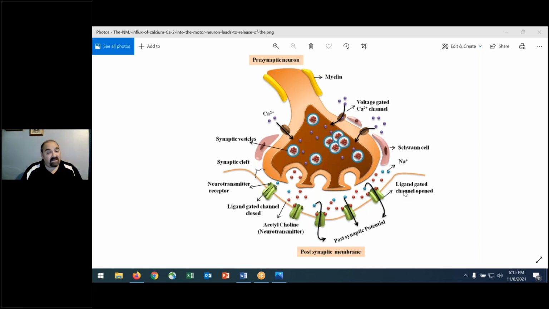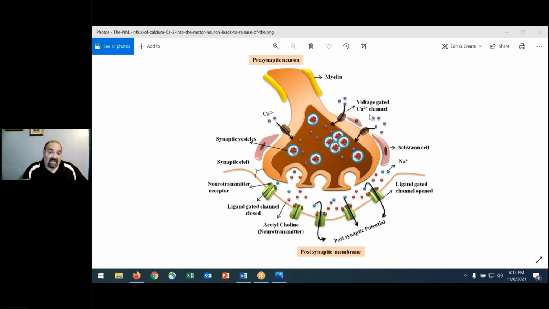A ligand is a chemical, right? So we have ligand-gated channels, and we have voltage-gated channels over here. Recall that when an action potential travels down the axon of the motor neuron and reaches the axon terminal, it will trigger these voltage-gated channels. These channels respond to voltage, to electricity, the action potential.